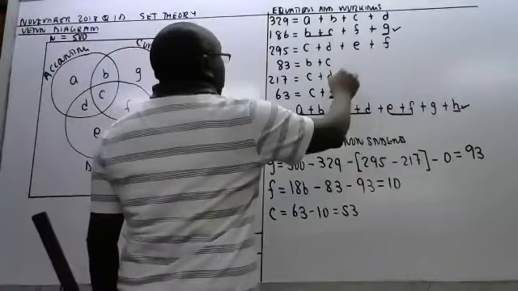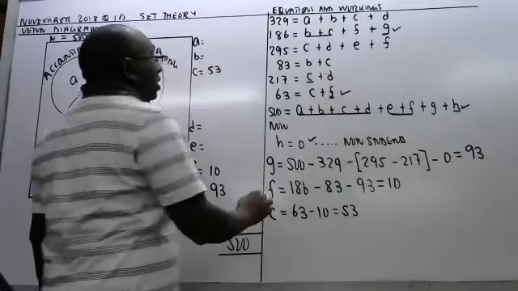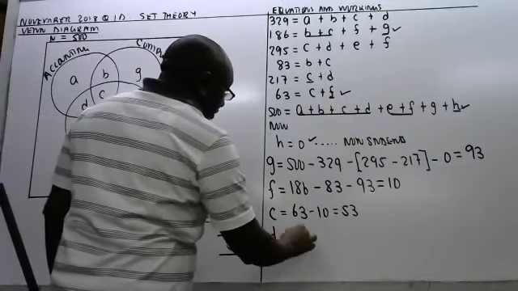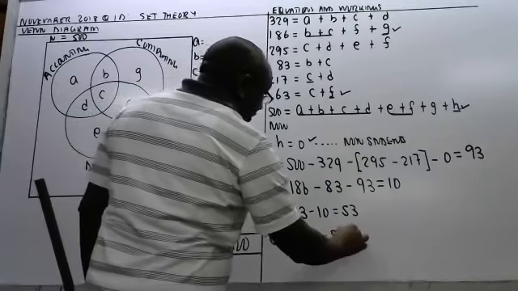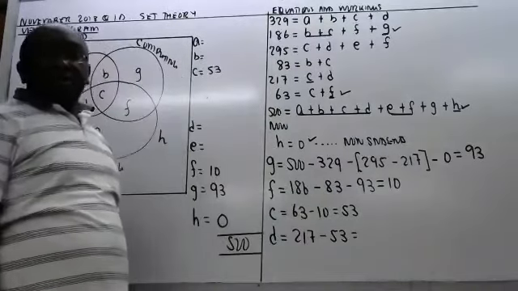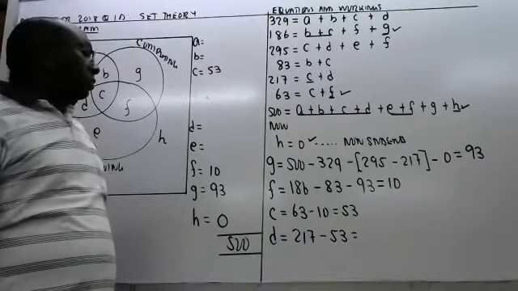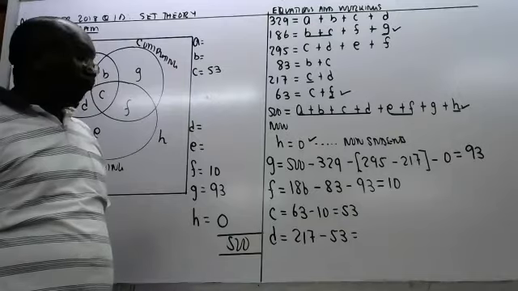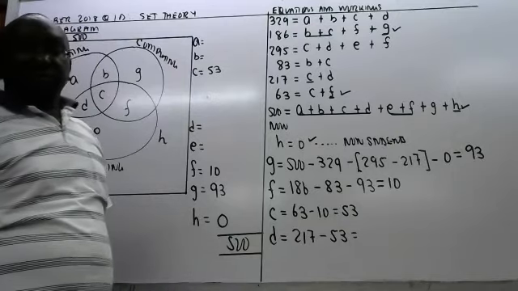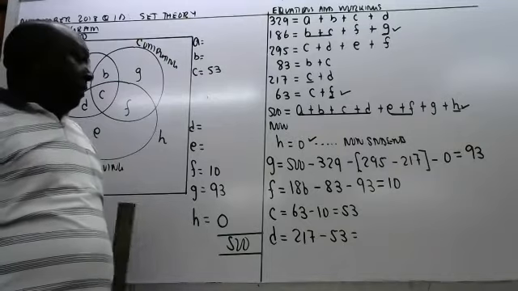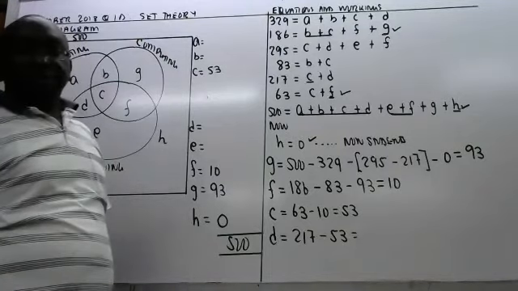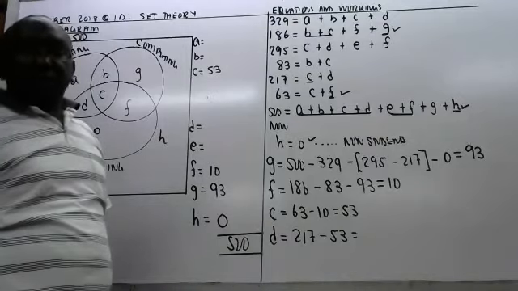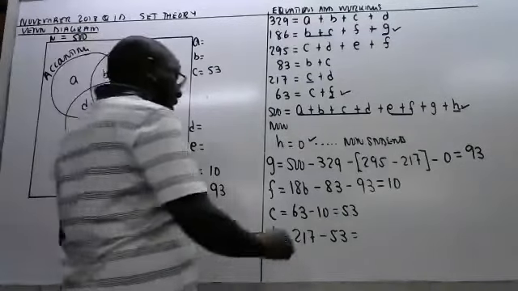Then when I come here, I know C. So I will say B is 217 minus 53. 217 minus 53 is equal to what? 164.